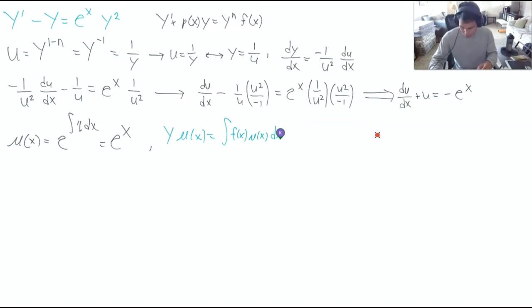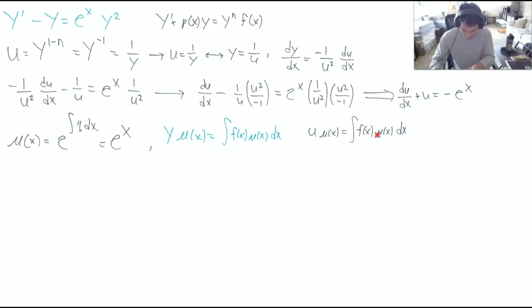For us, what we're going to do is u mu of x is equal to the integral of f of x mu of x dx. So it's just one little change.